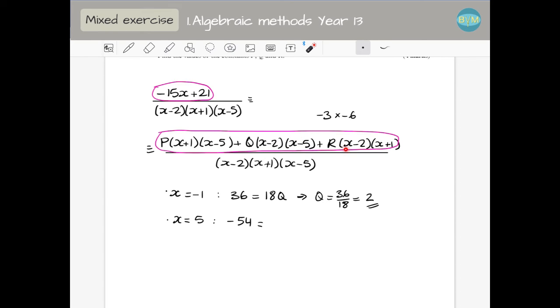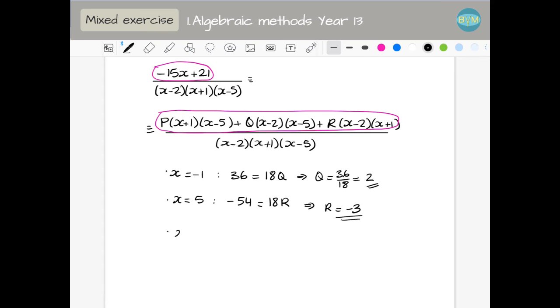So when x is 5, I have 5 minus 2, 3. And then 5 plus 1, 6. So 6 times 3, which is 18, r, yeah? We don't need this. That means that r is going to be minus 54 divided by 18, which is minus 3. So that's the value of r.